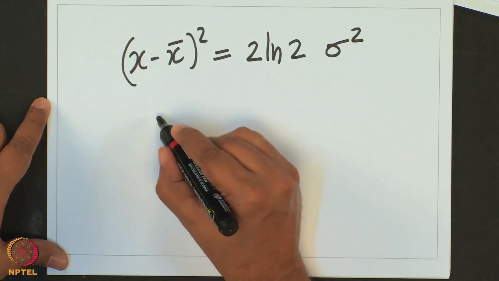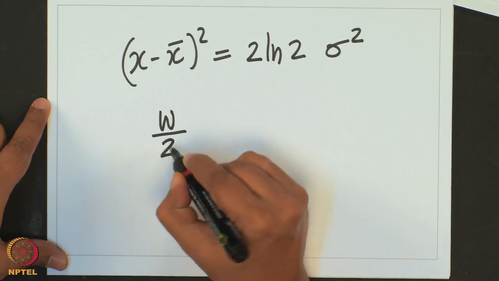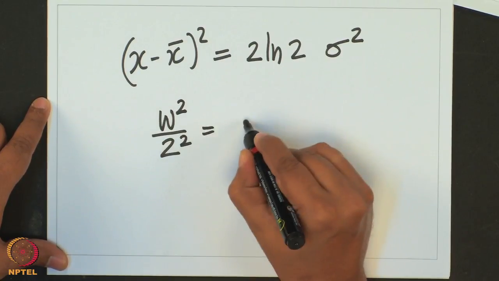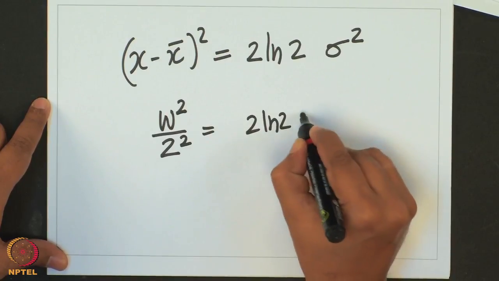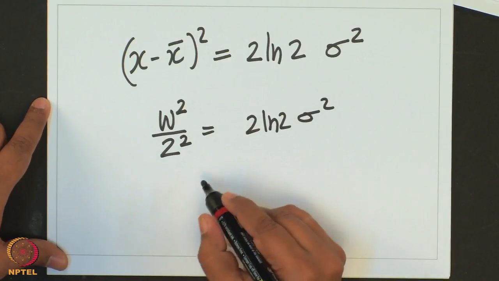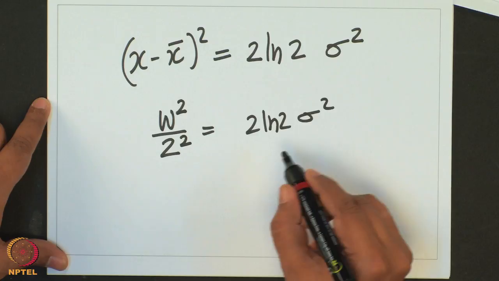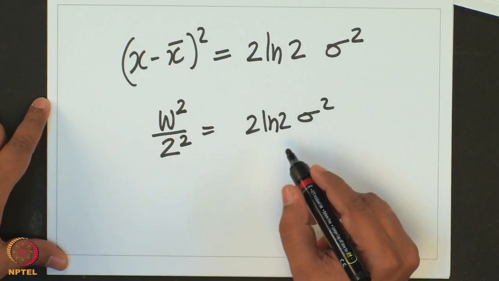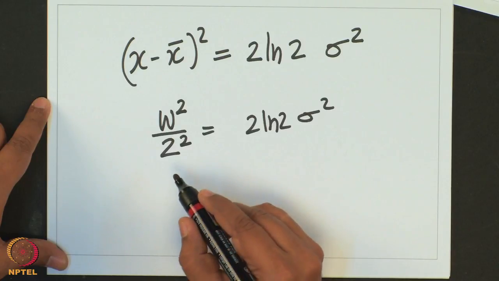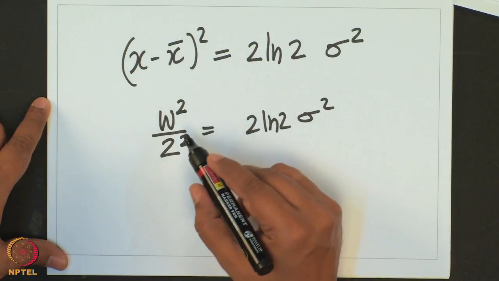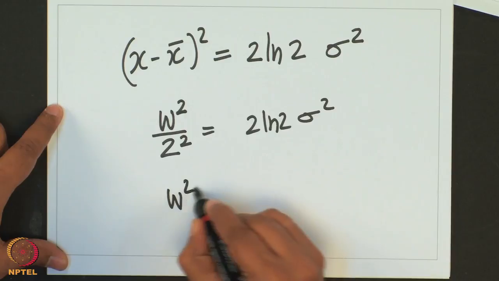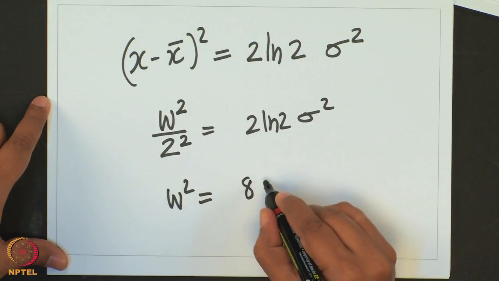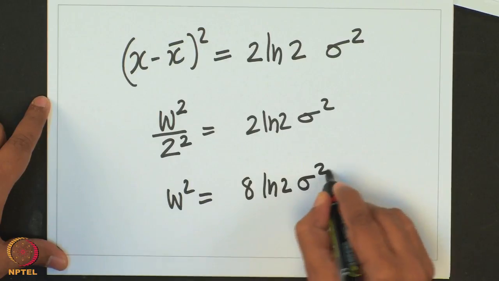This is my half width, so I would write (w by 2) whole square is equal to 2 log 2 sigma square. If I take everything to one side, the full width w square is 4 times that, which is 8 log 2 sigma square.